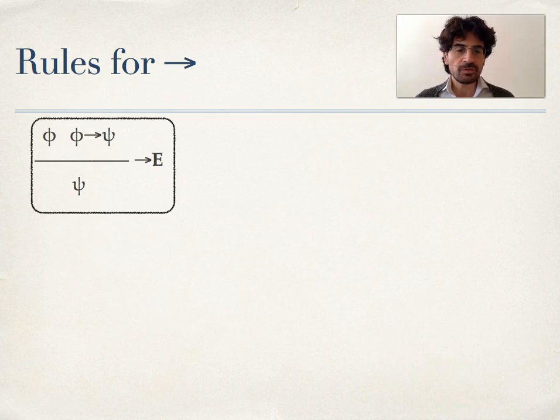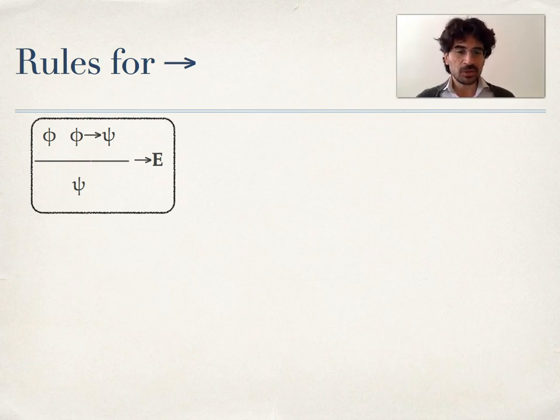So this is the rule for implication elimination. This rule says that if you have a derivation of phi somewhere and you have a derivation of phi implies psi, then you can, by eliminating the implication, write psi.